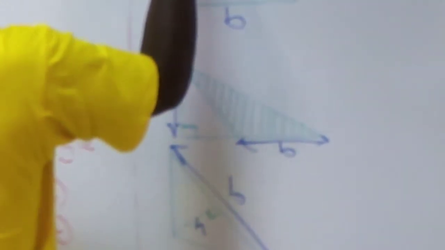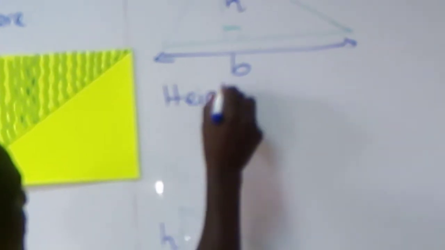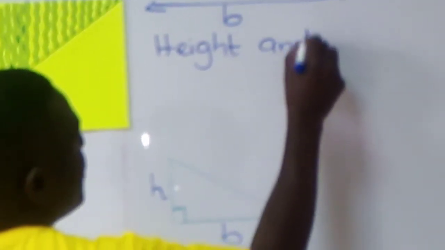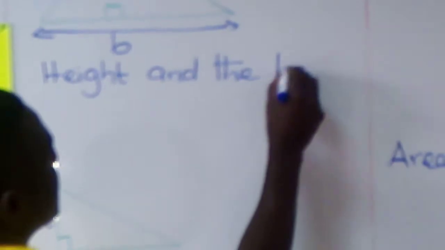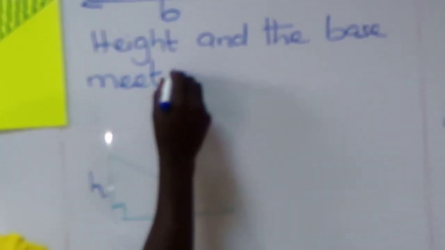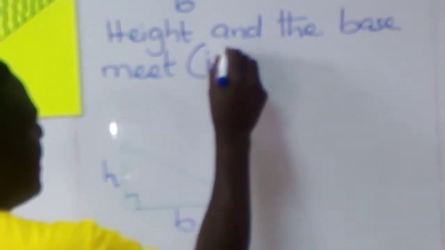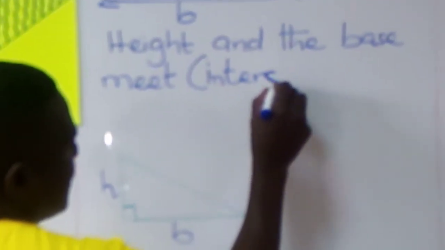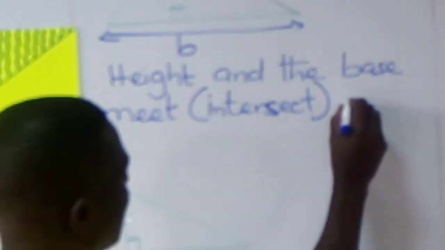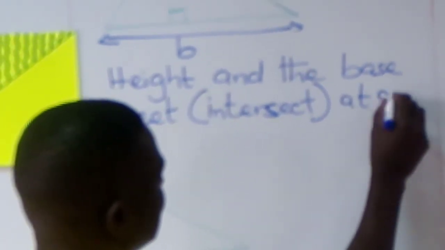Now let's come to these other diagrams here. In these diagrams, we know that the height and the base, and I want you to note this one down, must meet, they meet or intersect at 90 degrees.